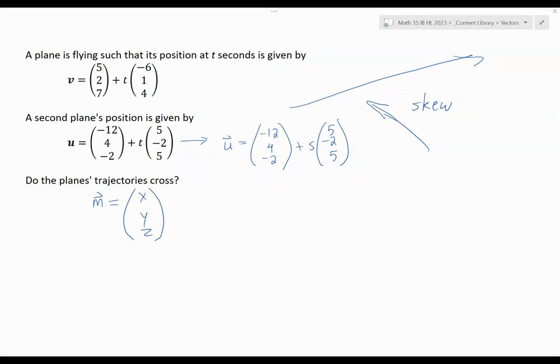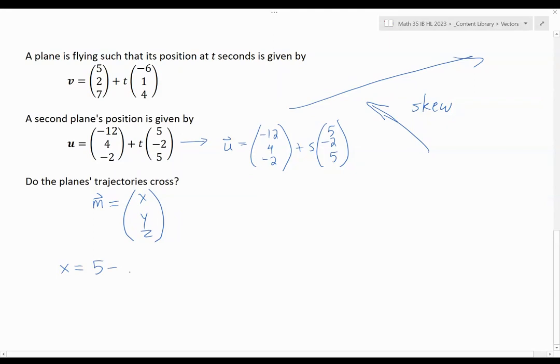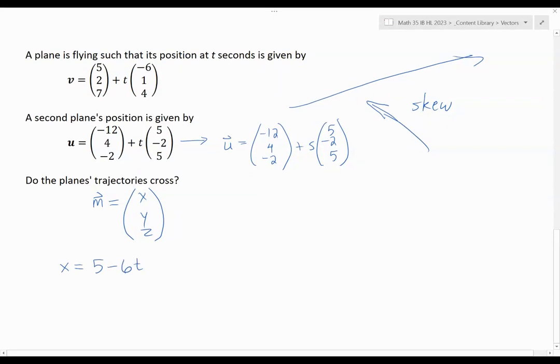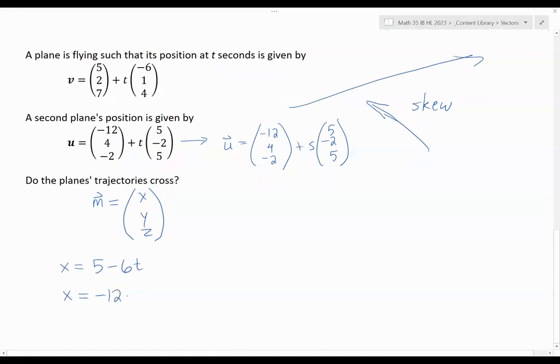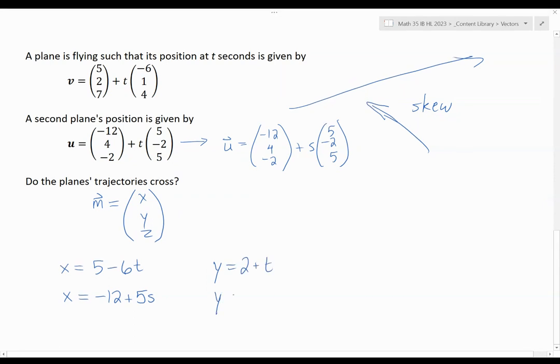So what I want to know is, is there some value x, y, z such that that point lies on v and lies on u? So from the first equation, I get that x would have to equal 5 minus 6t. But from the second equation, from u, I get that x would have to equal negative 12 plus 5s. For the second coordinate, the y value, y would have to equal 2 plus t, but y would also have to equal 4 minus 2s.